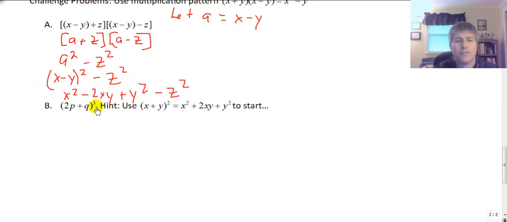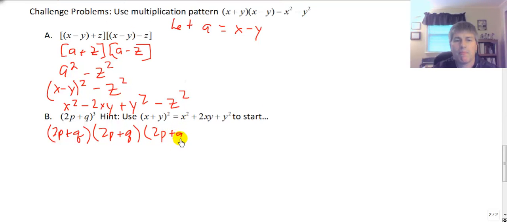2p plus q quantity cubed, well, that's 2p plus q times 2p plus q times 2p plus q. 3 factors of the binomial 2p plus q. Well, 2p plus q quantity squared is these 2 factors here.